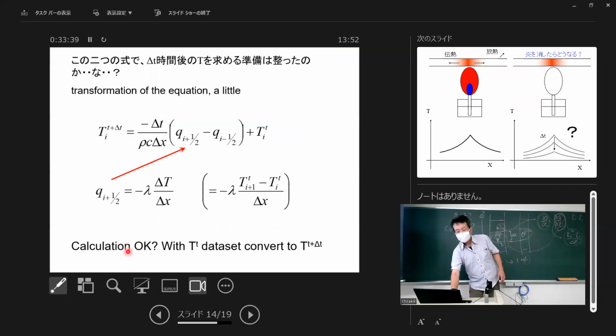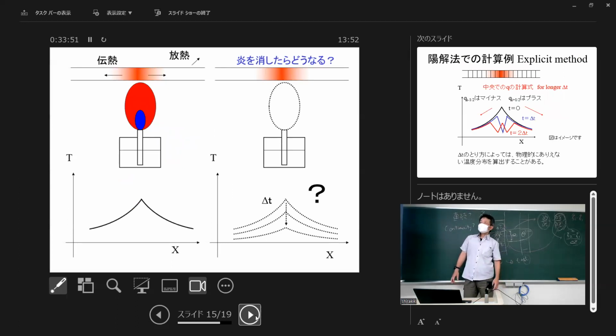So, surely we can calculate the delta t time step forward. It's very easy and simple, and this is called the explicit method to calculate one time step forward. But there is some important point for using the explicit method. And now imagine what happens if the fire is dismissed.